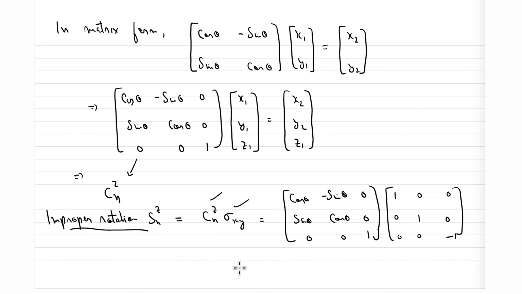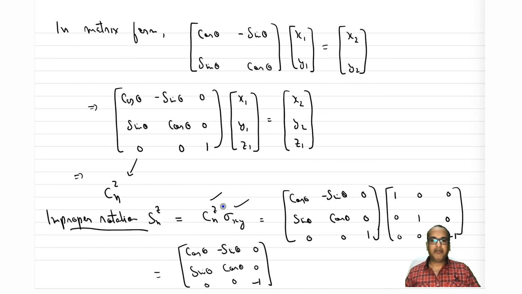So the only difference we will have is that, rest everything same, instead of plus 1 over here, we will have minus 1, which defines that now z1 actually goes to minus z1. Okay, for improper rotation, the x1, y1 will still go to x2, y2, whereas z1 will go to minus z1. That is the meaning of improper rotation. Okay, so that should be very, very clear.